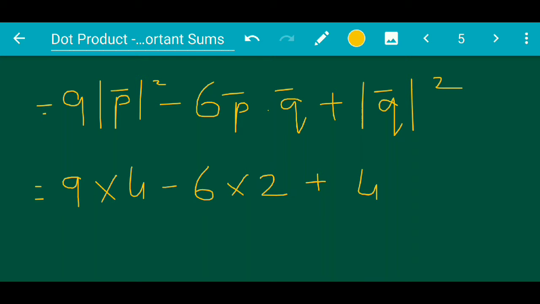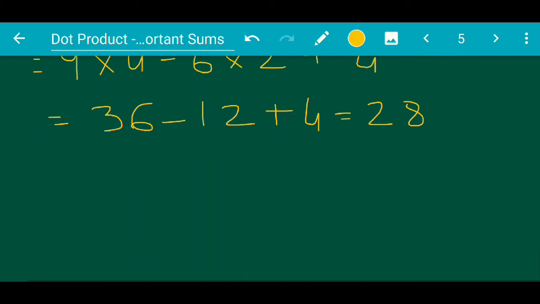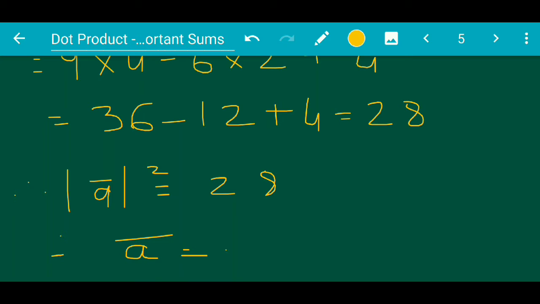Putting these values over here, 36 minus 12 plus 4, which comes out as 28. And this 28 is nothing but mod a square. So therefore mod a square is equal to 28, and therefore mod a becomes root 28, which is 2 root 7.